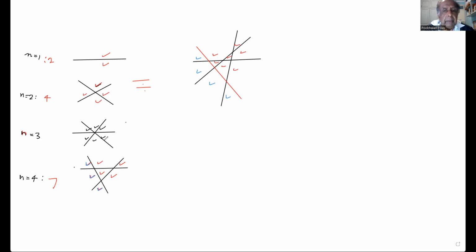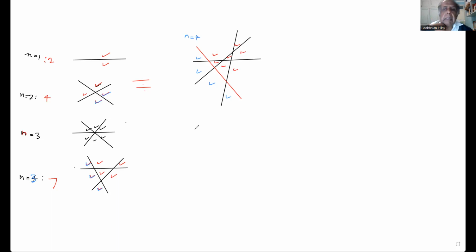So what has happened here is, each time you draw a new line, you get new regions. In the case of 2 lines, you had 2 new regions. If n equals 3, you'll have three new regions, as we see here. And when you got 4 lines, you have 4 new regions.